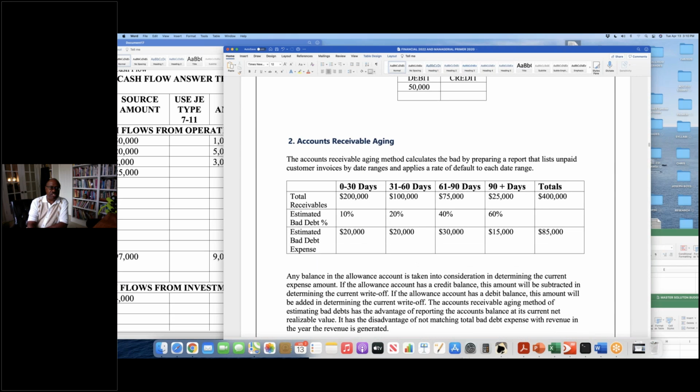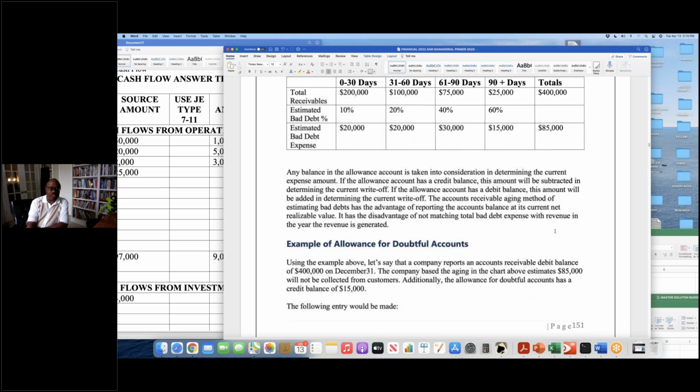Sometimes people age the accounts. So they say, well, 0 to 30 days, we think we're gonna get most of them, but as accounts get older, it's less likely that they will be collected. So the company estimates, if I age this, the 400,000 is only worth 85.